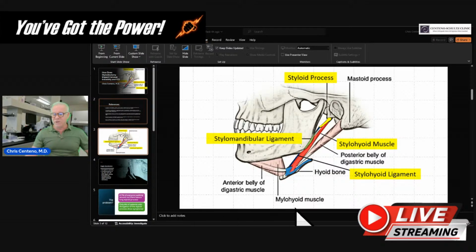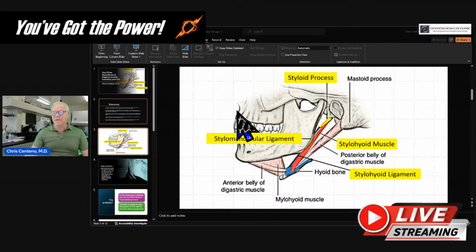So there's also that stylohyoid muscle that's part of that. So if we cut the attachment for that, it makes sense that we're going to get increased instability because that anterior stabilization system isn't going to work as well.